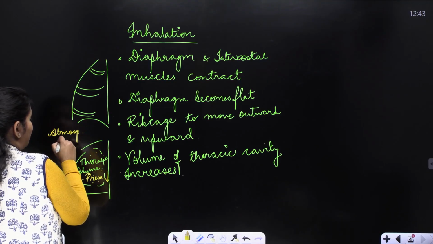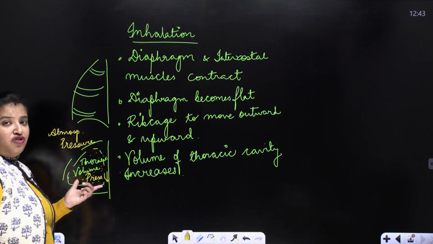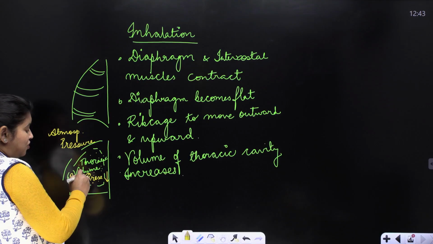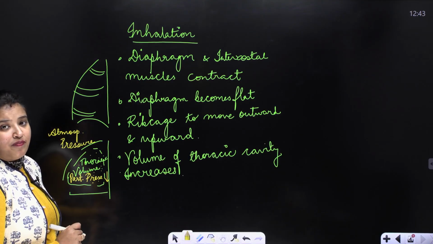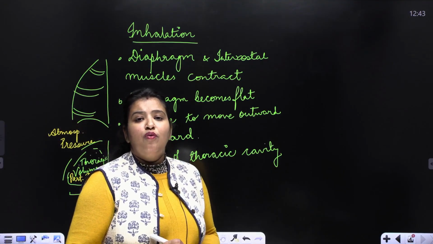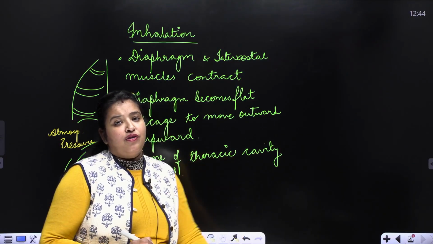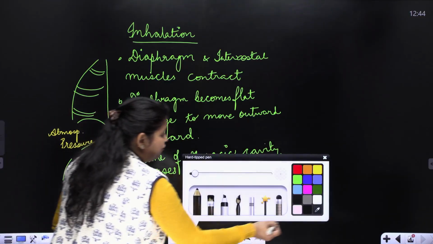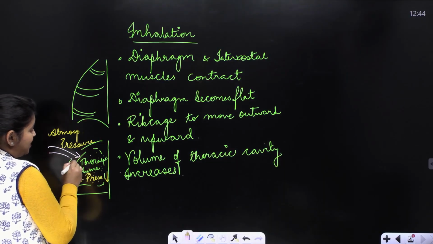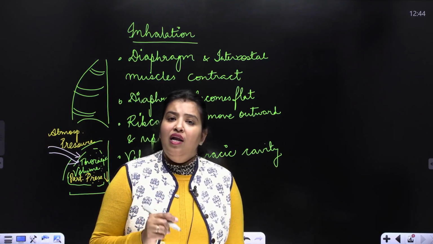As compared to the atmospheric pressure, the pressure of air in the lungs, which is called the partial pressure, decreases. And you always know that the air will move from its region of higher pressure to lower pressure. As a result, air from outside rushes inside through the nostrils and enters into the lungs.